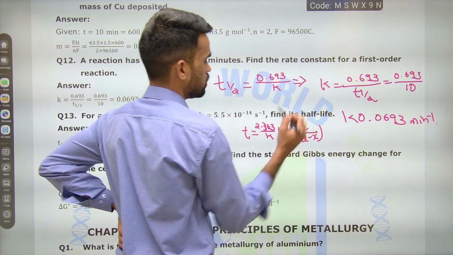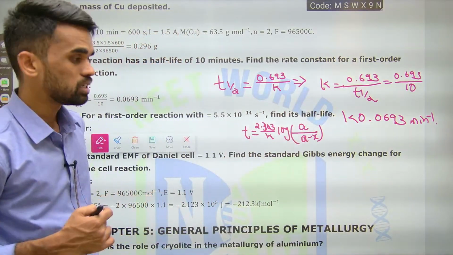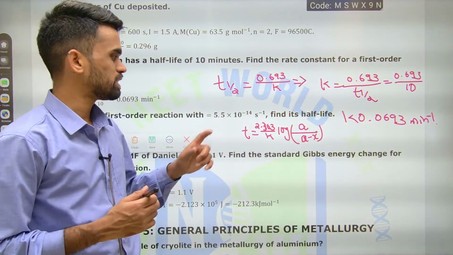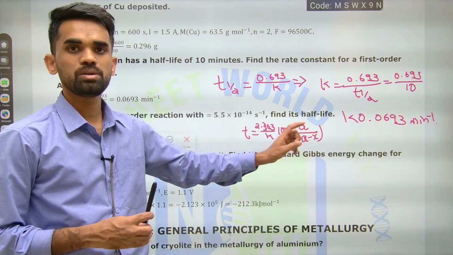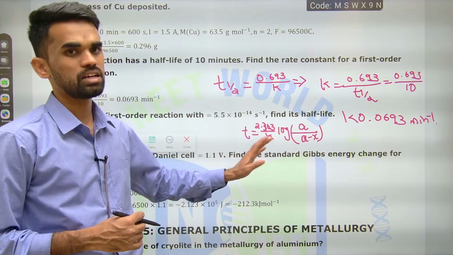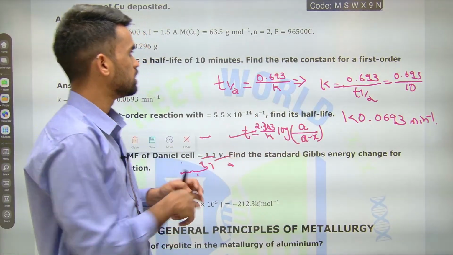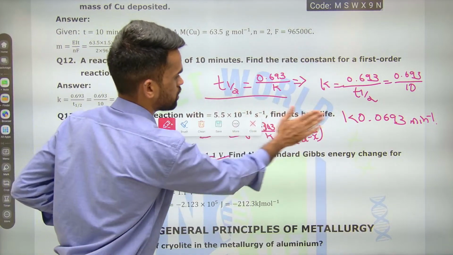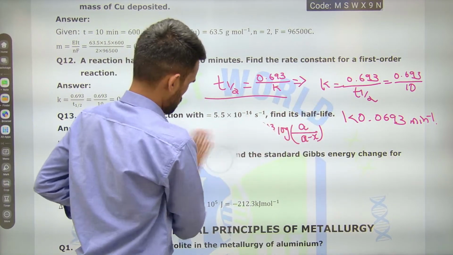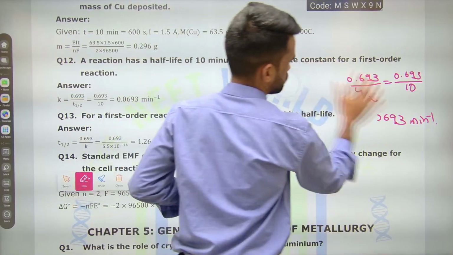This is the formula to be used for calculation of time, rate constant, or concentration remaining after time t. This is an integral equation. Since here half-life is asked, this is perfectly done. This is an extra point I am just adding for your information.